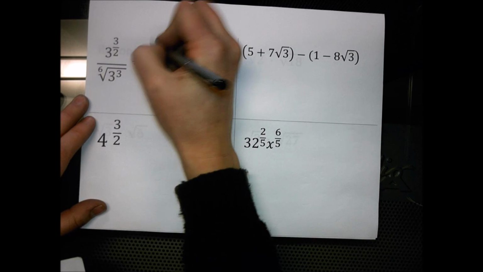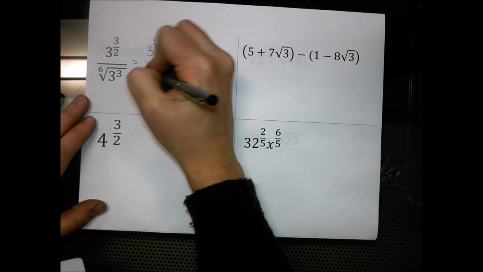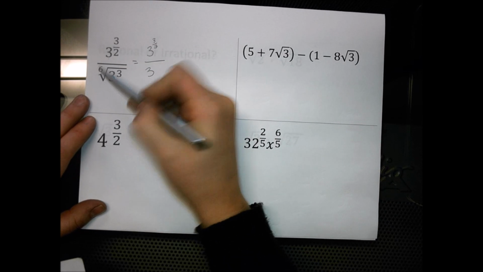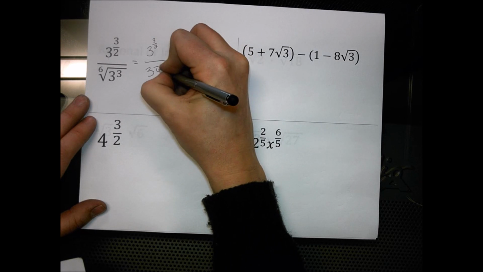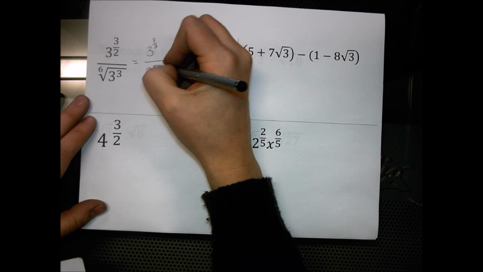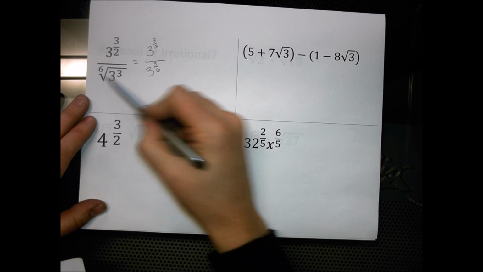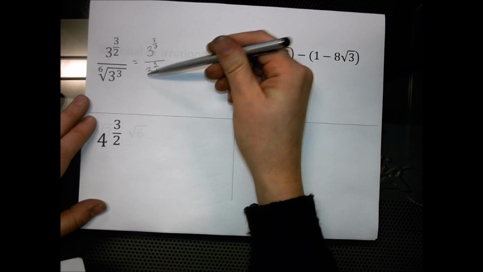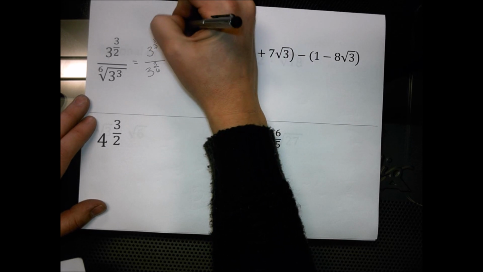So what I'm going to do is keep my numerator in exponential form and change my denominator so that my index is 6 and my exponent is 3, so my denominator is now in exponential form, 3 to the 3/6. Then I use the quotient rule.